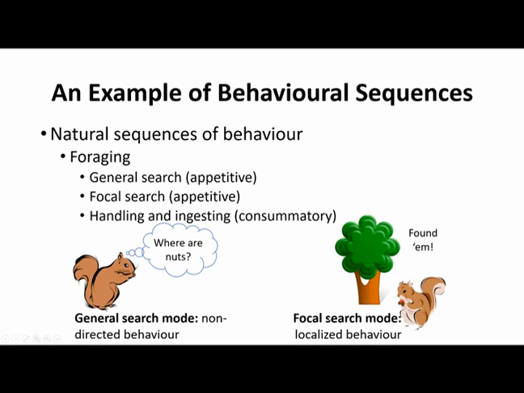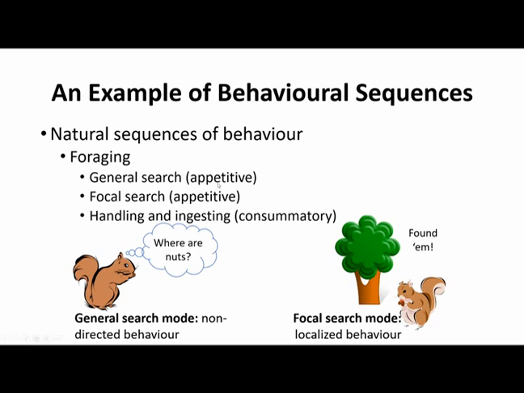Our focal search is sort of ending our appetitive stage and then transitioning us over to that consummatory phase where you're looking for one specific thing in your localized environment, and once you find it, you launch into handling and ingestion, our consummatory phases. So that's the foraging side of things here.